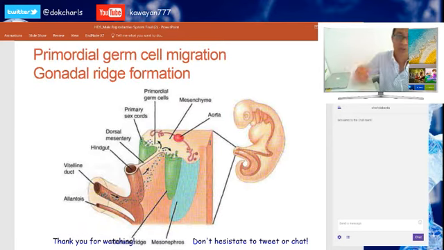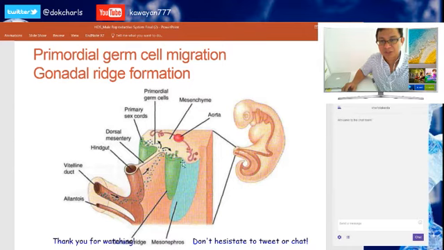As I mentioned earlier, this is how the migration of your germ cells to the gonadal ridge happens. They migrate from your GI tract towards your gonadal ridge, so that they will now form your primordial germ cells, and then they will become your primary sex cords.